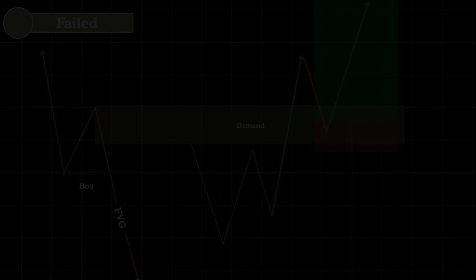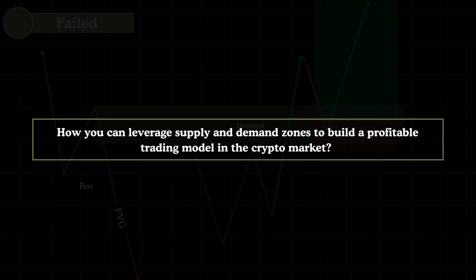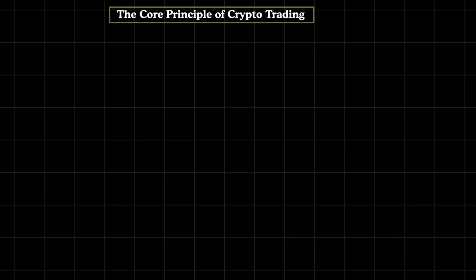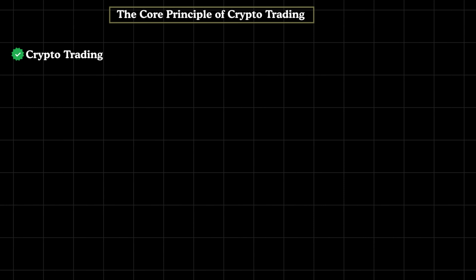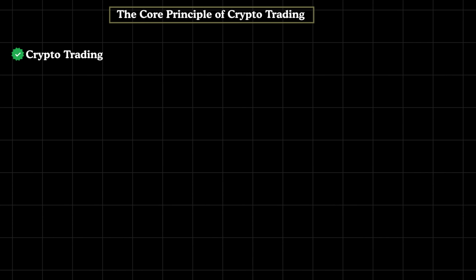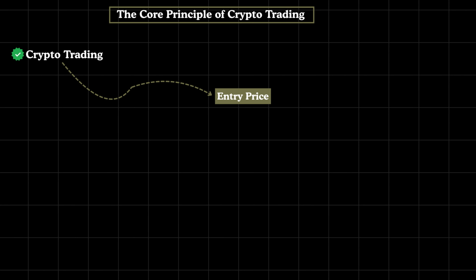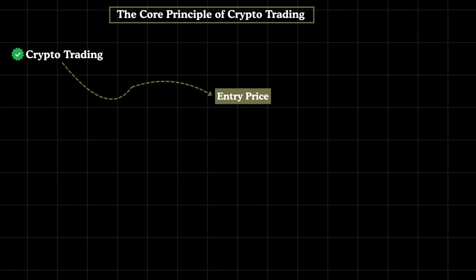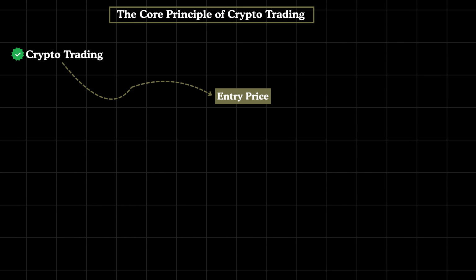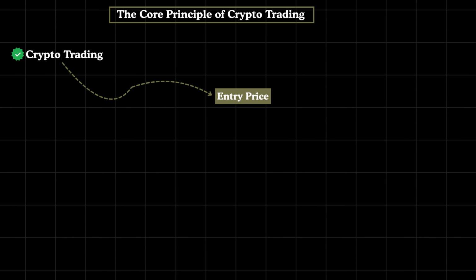Now, let's dive deeper into how you can leverage supply and demand zones to build a profitable trading model in the crypto market. Whether you're an active crypto trader or simply an investor, there's one principle you need to grasp. Your entry price is everything. It's the single most crucial factor that determines whether you survive in the market and whether you generate consistent profits.